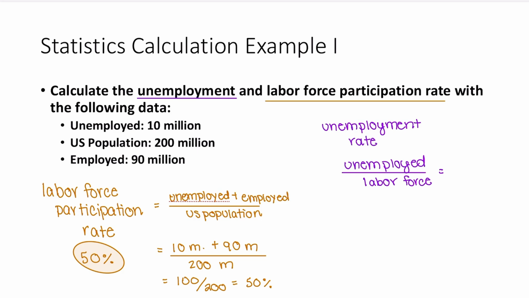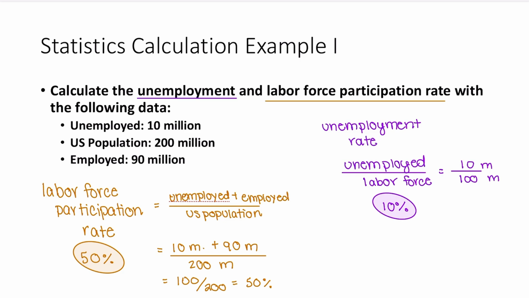And our unemployed is 10 million. Our labor force, we just said, was 100 million. So we have 10 over 100, which gives us 10% as our unemployment rate.